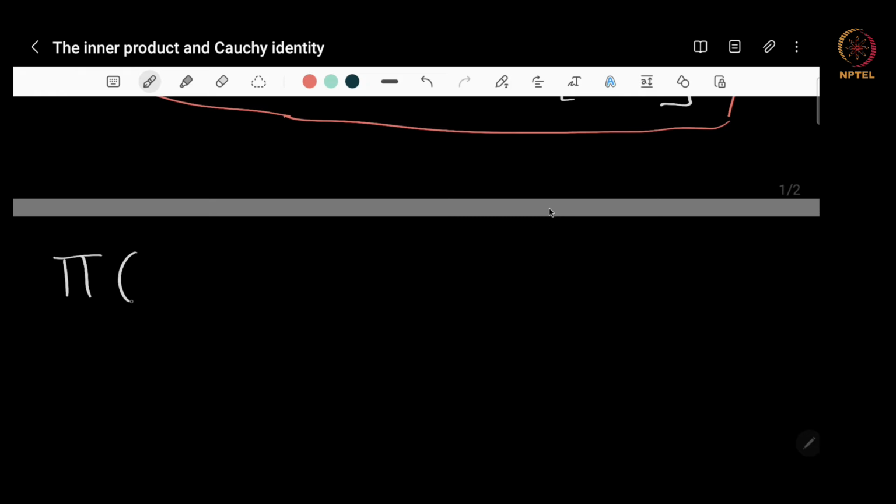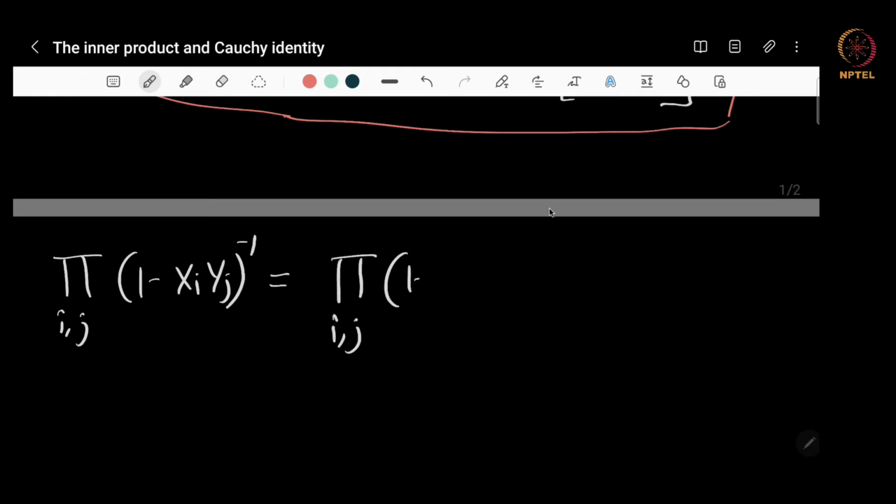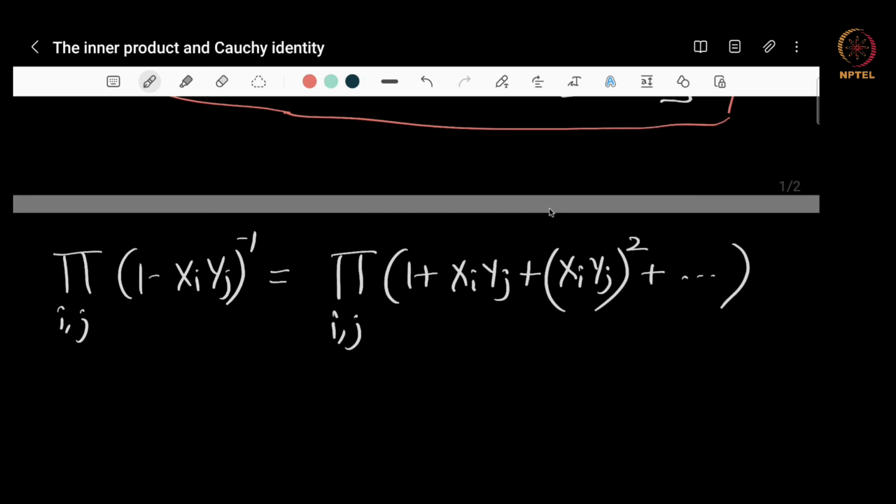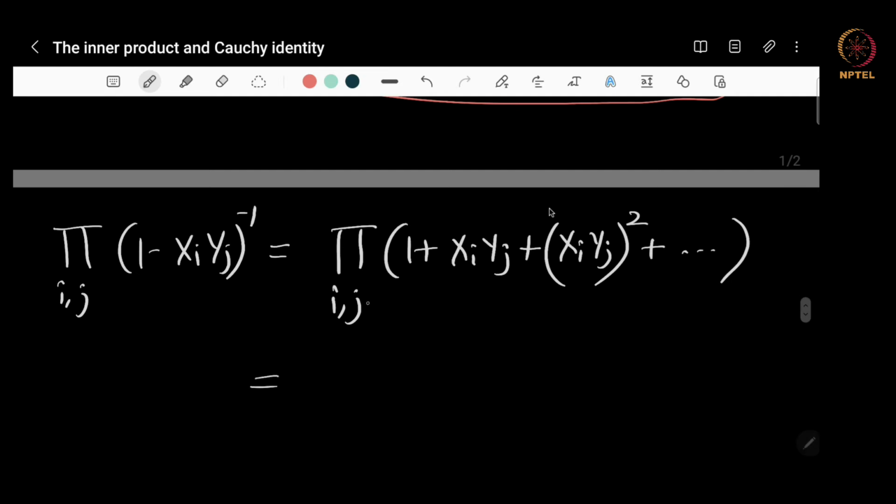So product 1 minus xi yj inverse over all i's and j's is, well, I can think of it as 1 plus xi yj plus xi yj the whole square plus xi yj the whole cubed and so on. Just the infinite sum, but it's a product of all such terms. So what is a typical term when you expand this product out?